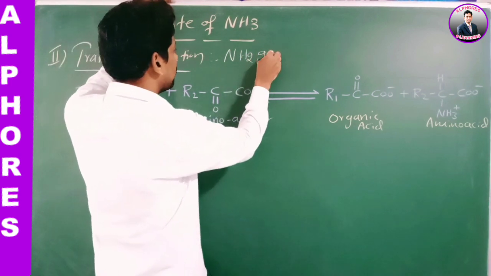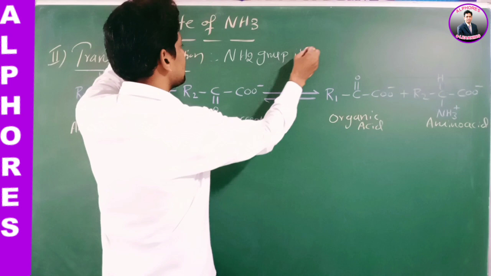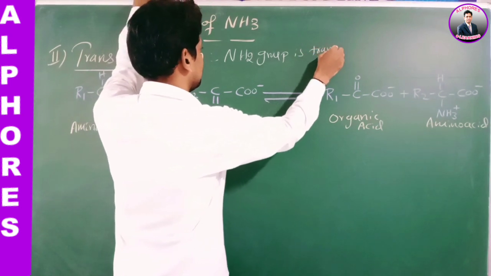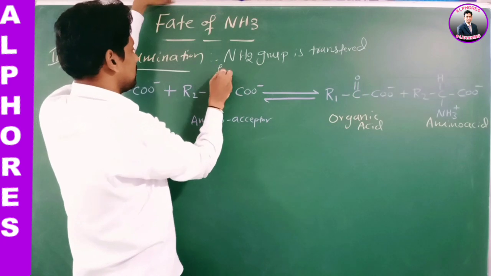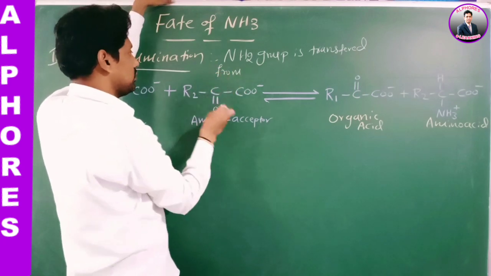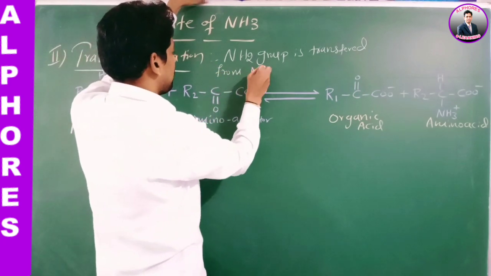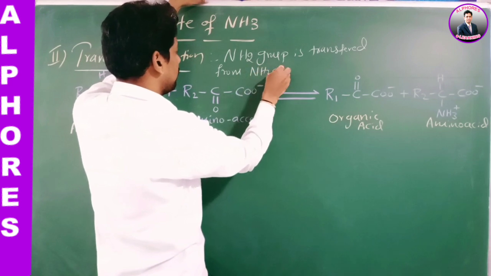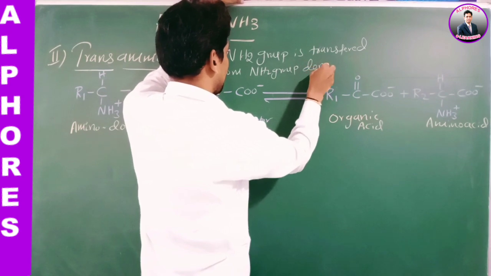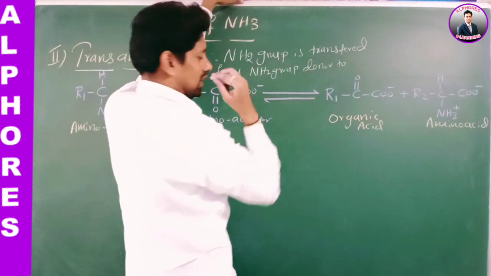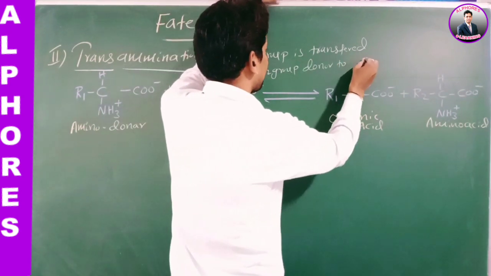Amino group is transferred from where to where? Transferred from the amino group donor to the keto group of a keto acid.